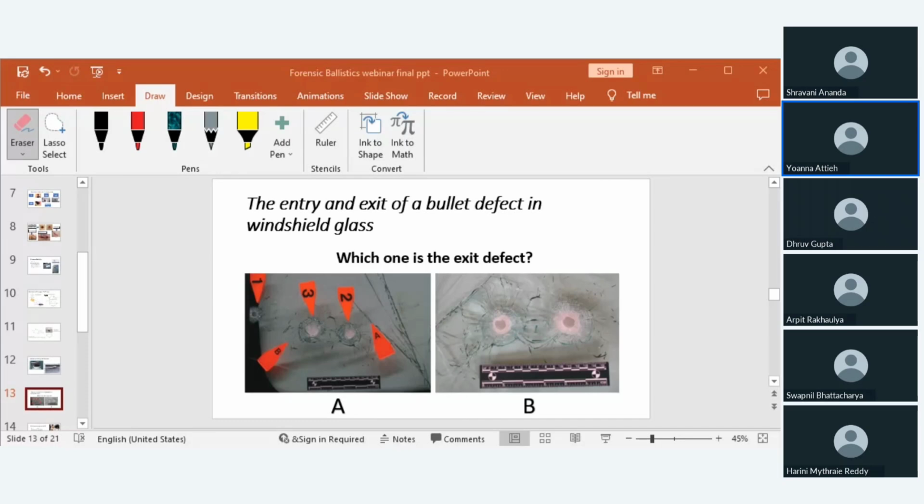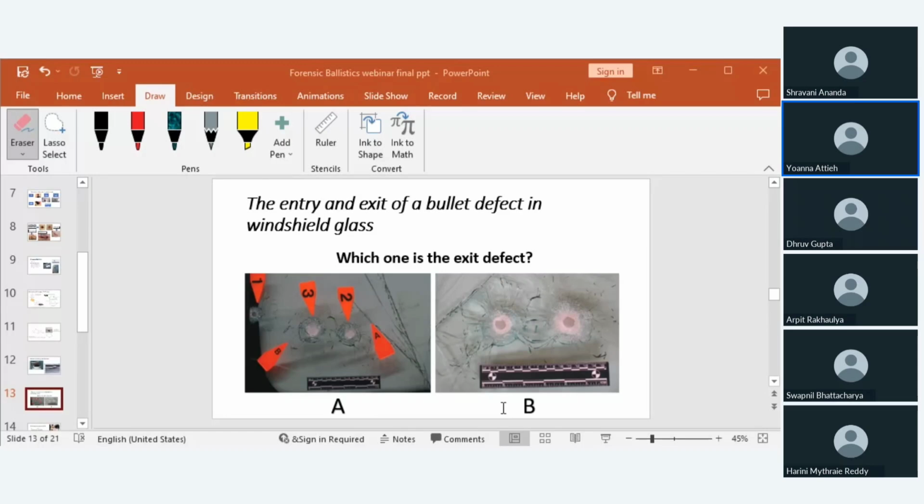Both the entry and exit point in the glass display a coning effect, which is a phenomenon where the glass deforms at the point of impact. So the entry side of the glass often shows a less pronounced coning effect, while the exit side is characterized by a more evident destruction. So this is due to the bullet energy, guys.